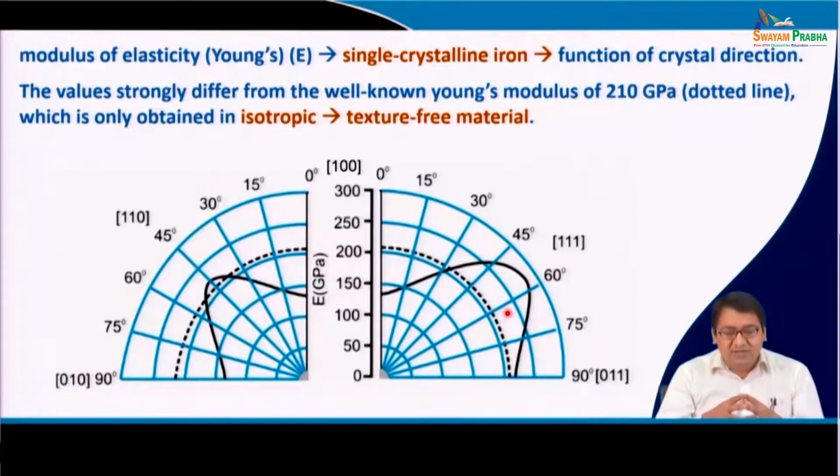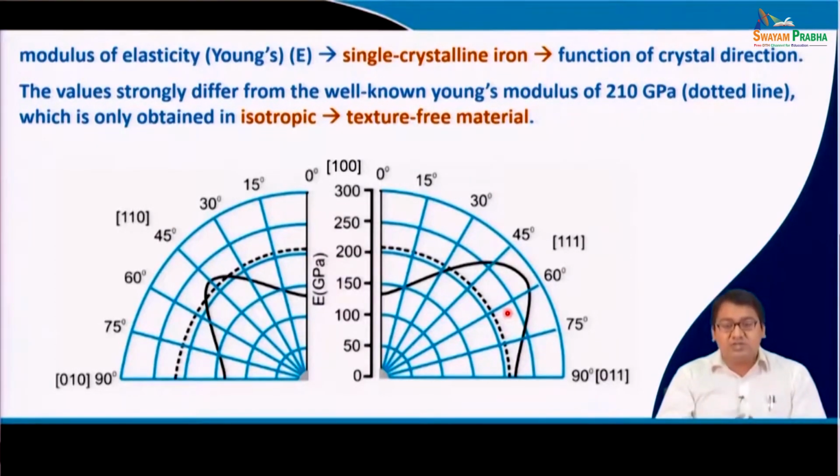And if we look, then the separation of two atoms in the 111 direction is less as compared to the separation of atoms in 110 and in 100. So, the separation of atoms in 100 is much higher.